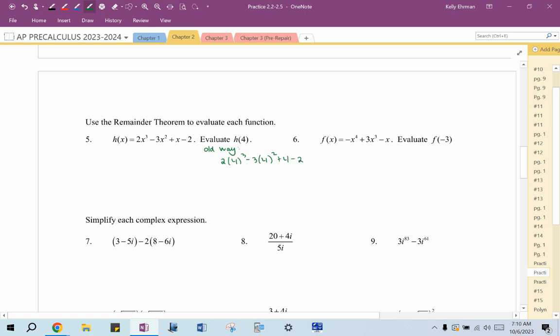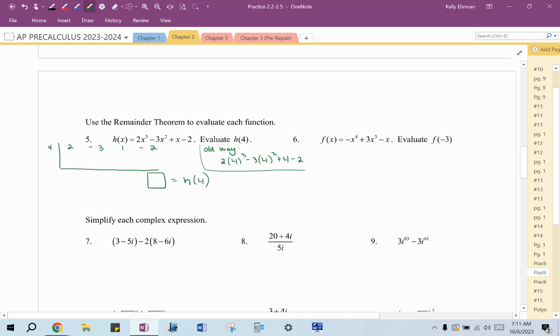But sometimes this math can get kind of cumbersome, right? You're raising things to exponents, multiplying, subtracting, adding. So the other way to do it, our new way, is this remainder theorem. We can put 4 outside of synthetic division, and whatever you're left with in the remainder spot is the answer for h of 4.